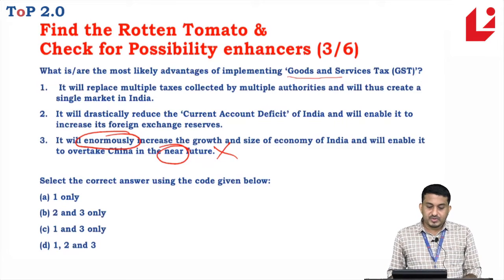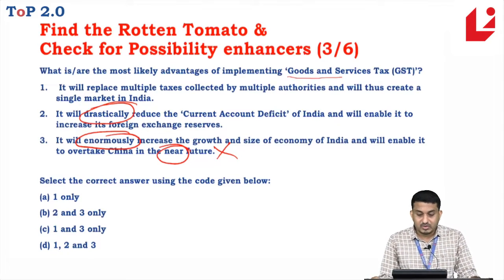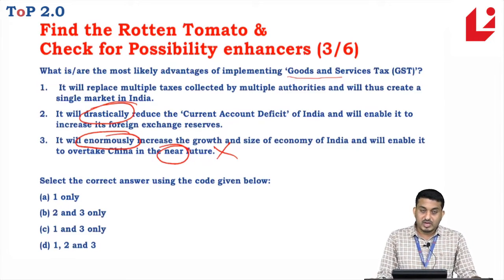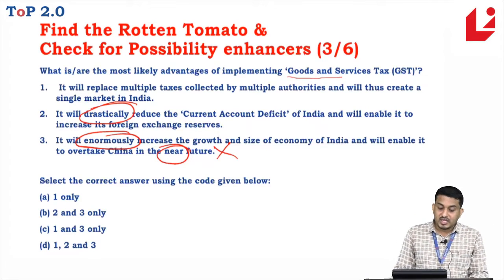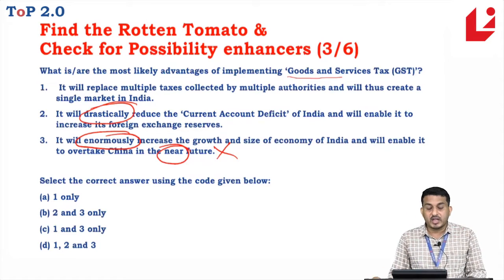Now statement 2. It will drastically reduce the current account deficit. Drastically is another rotten tomato. And will enable it to increase its foreign exchange reserves. Reduce may be possible, but drastic, you know that GST is an internal tax system, and CAD, current account deficit, is related to foreign trade. So there is no direct correlation between GST and current account deficit.